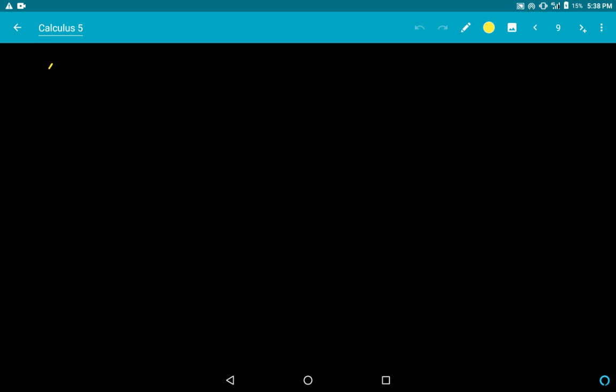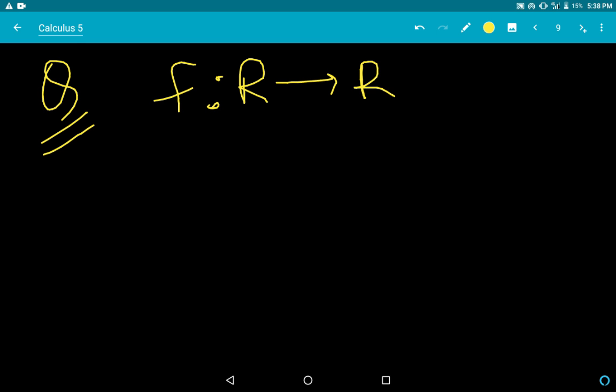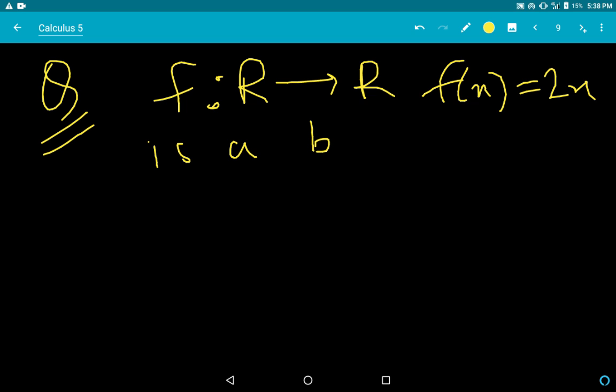Now let's do one sum. The sum says prove that f from R to R, f of x equal to 2x, is a bijective function. This is the question.